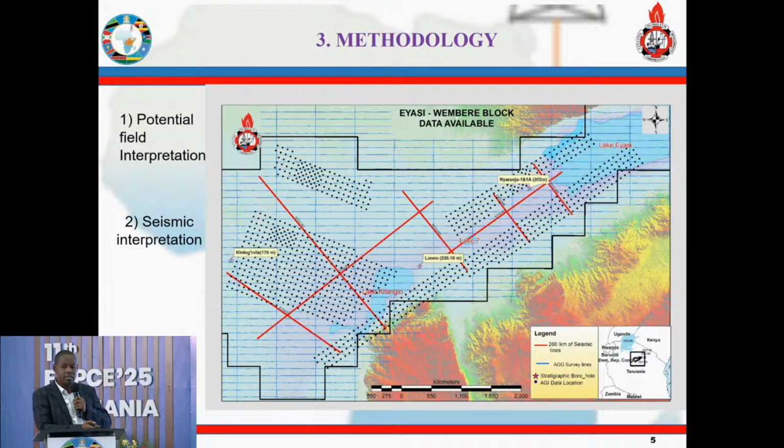As you see, the red lines on the map are the seismic lines, and we decided to put them across the main bounding faults, and some of them along the bounding faults. One is at the depocenter of the basin.